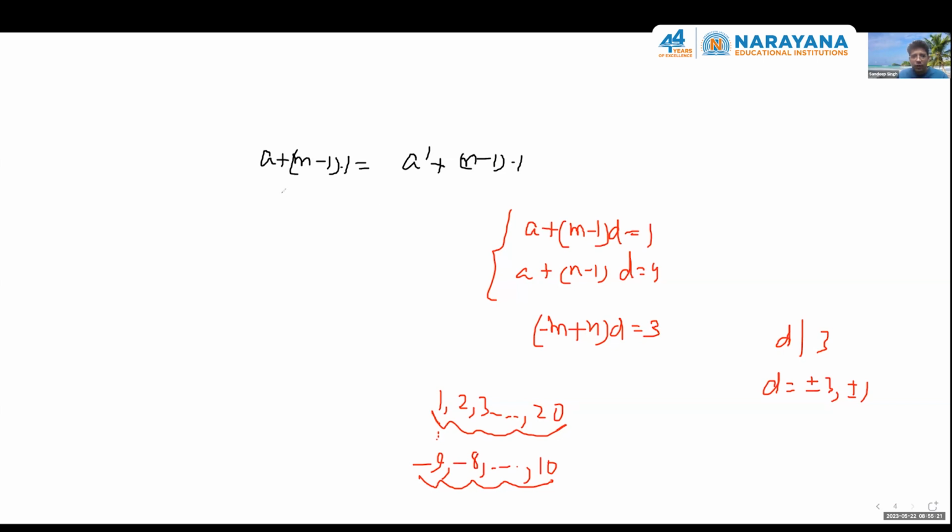Just for the sake of convenience, that means a plus m, that term, and m is between 1 and 20, n is also between 1 and 20. This should be a dash plus n, the starting point. So here you will be able to identify that first term plus mth term, m between 1 to 20, whatever possible cases are there, that you can get it from here.